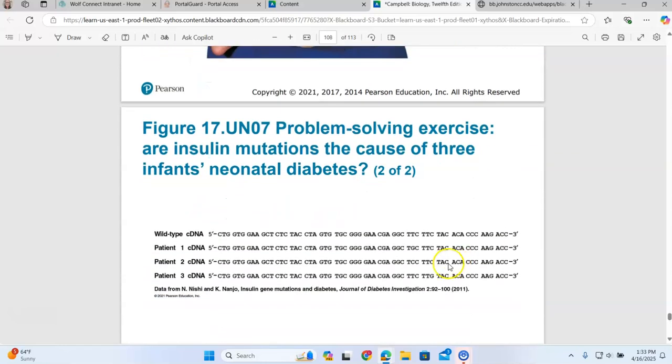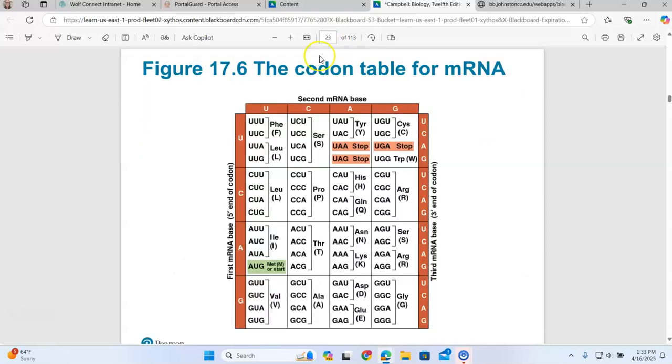AGG on the codon chart is arginine. So it is a different amino acid. Patient 1 coded for threonine, and patient 2 coded for arginine.